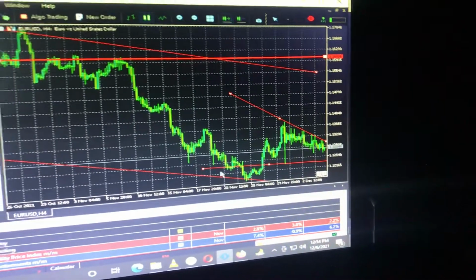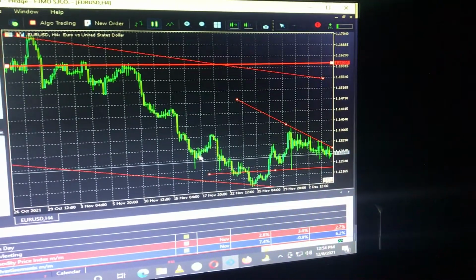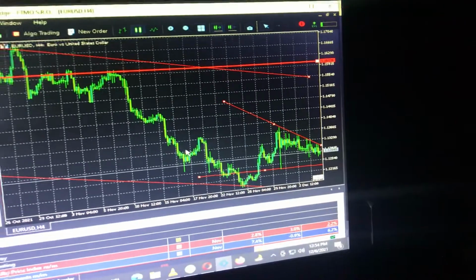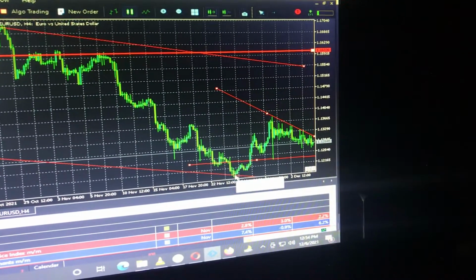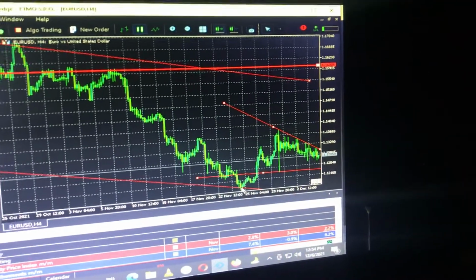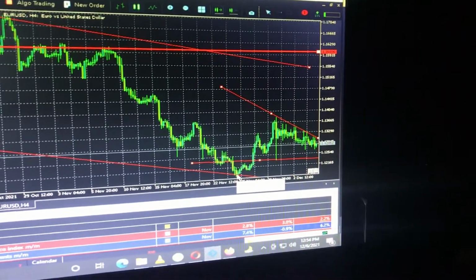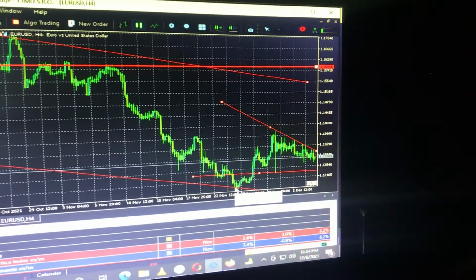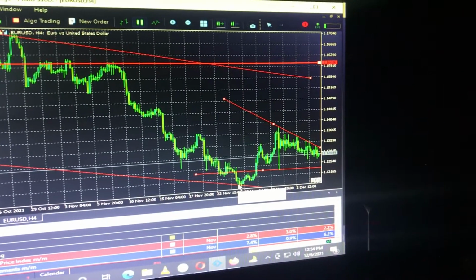Our point of interest is at this point, when the bears have been in control for so long, they reach a point where they no longer have the strength to continue selling. So now the buyers, the bulls, take charge and are like, yo, we are buying, we're taking charge.